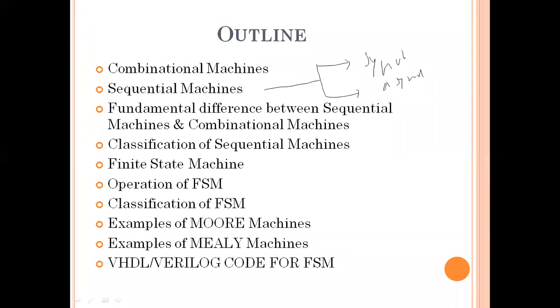So is the microprocessor an FSM? Can anyone justify it? Is the microprocessor an FSM, a finite state machine, or not?